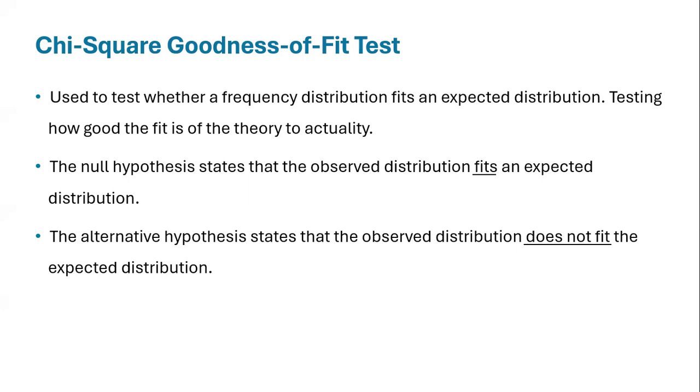In this hypothesis test, we write the null and alternative hypotheses as a whole sentence of words. We don't have any notation for the goodness of fit test, like a mean, a standard deviation, or a proportion. We have to write the null and alternative hypotheses as a full sentence. And you will see in the examples how we can write that.